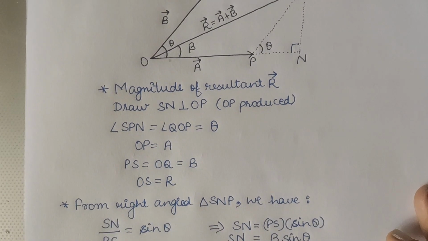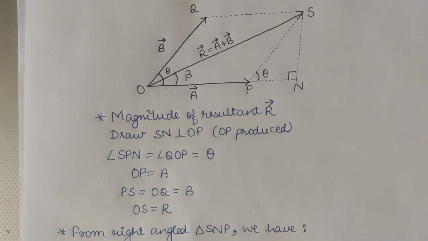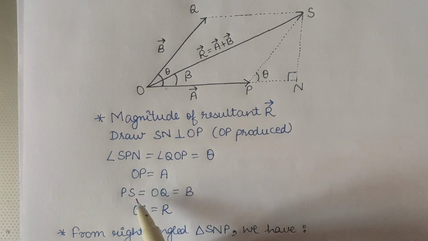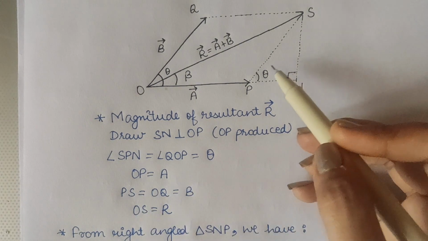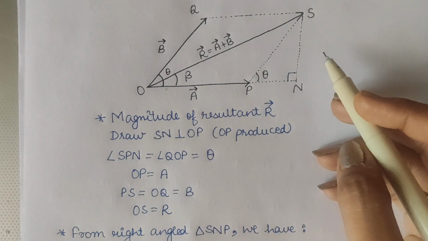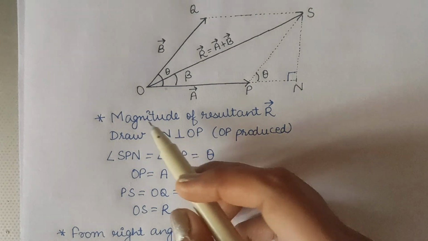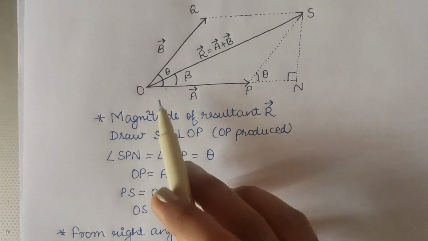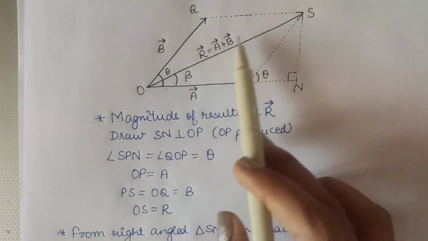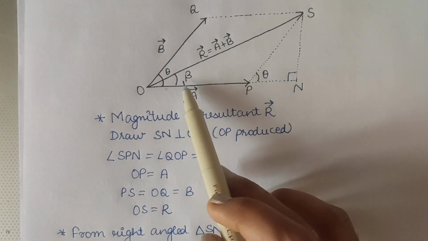Now let us see what all facts we get from the figure. Number one, OP would be equal to A. PS and OQ would be equal because they are the opposite sides of the parallelogram, and opposite sides of the parallelogram are equal, so they would both be equal to B. OS is equal to R. Now we are considering that the angle between the two vectors is theta, and the angle which the resultant makes with vector A is beta.